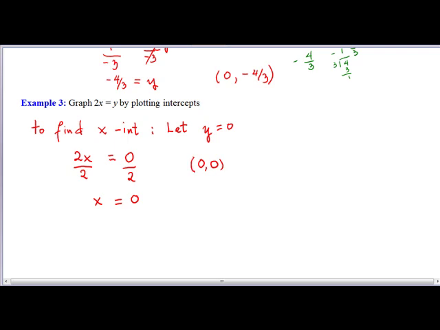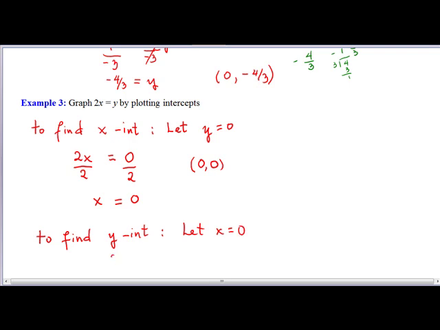To find the y-intercept, we let x equal to 0.